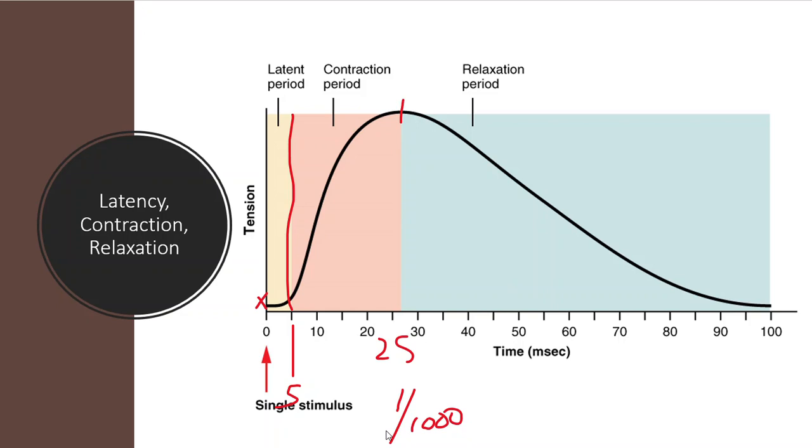It actually is a finite amount of time. But check this out. From the time that this guy starts to relax, it takes him a long time to come all the way back down. There's a long relaxation period. But remember, what we're doing too is taking that calcium and putting it back into the SR. And so this takes a little bit of time.